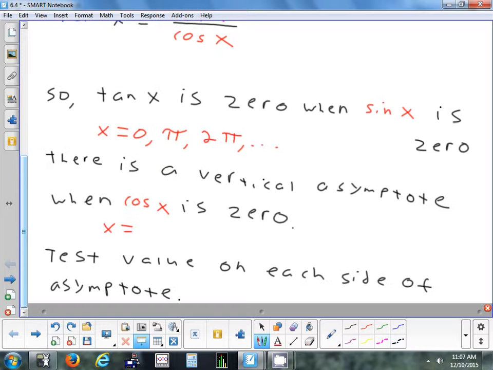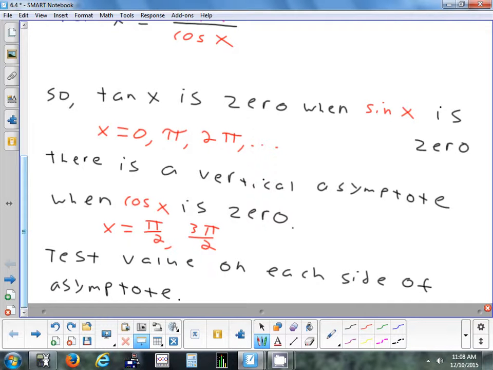All right. What's our first positive angle we can take the cosine of and it comes out to 0? Not 0. If we take the cosine of 0, we're going to get 1. Pi over 2, yep. Take the cosine of that, we get 0. What's the next time cosine crosses the x-axis? 3 pi over 2.